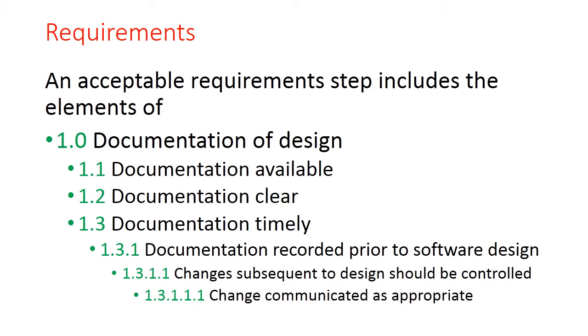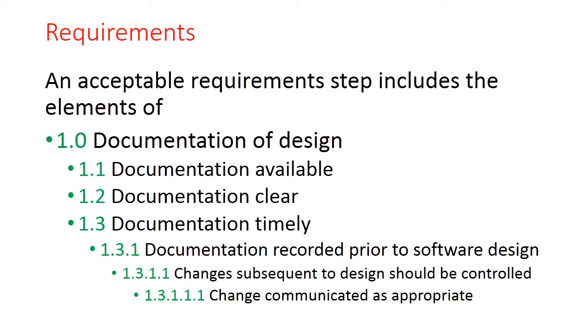Changes subsequent to design should be controlled. Once the software design is approved by either laboratory management or the quality assurance unit, if there is a need for making any change in the instruction manual, proper authorization is needed, and whatever change you are making should be documented properly.